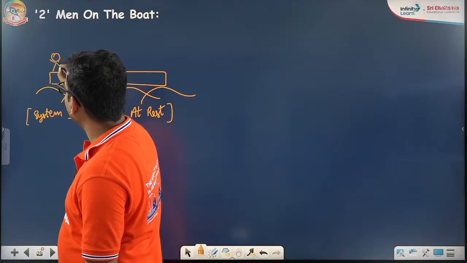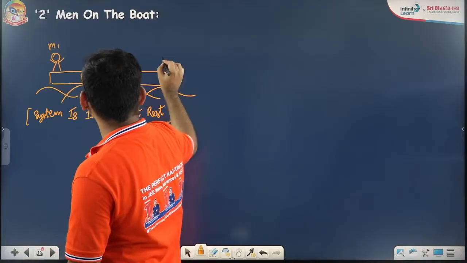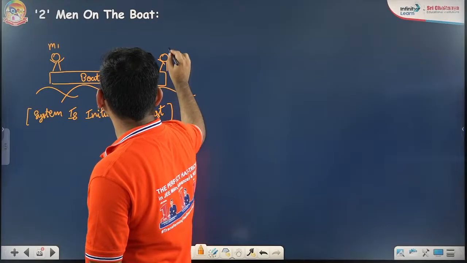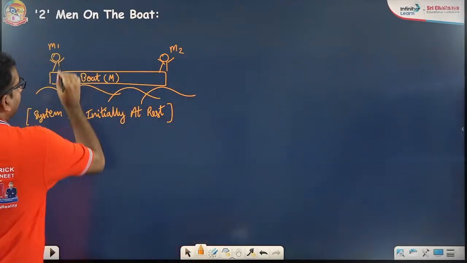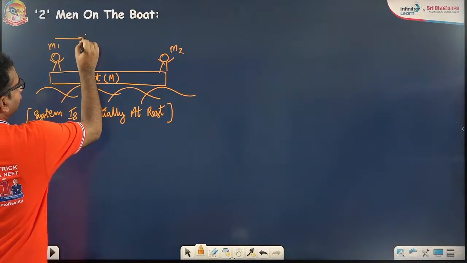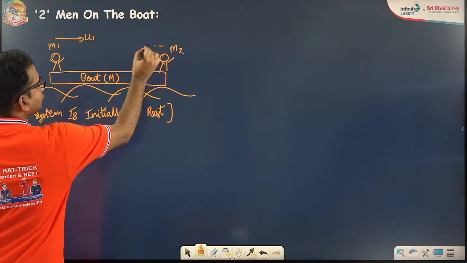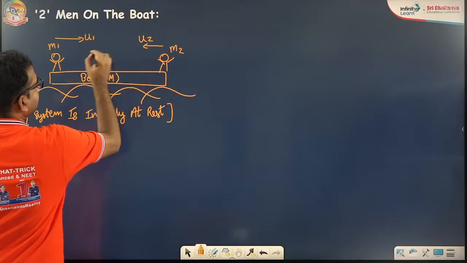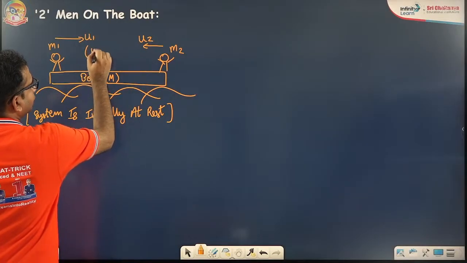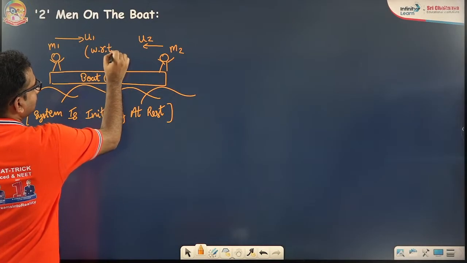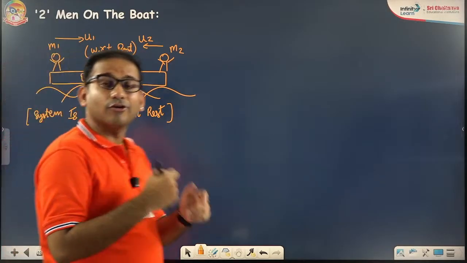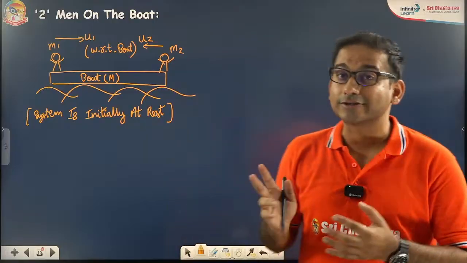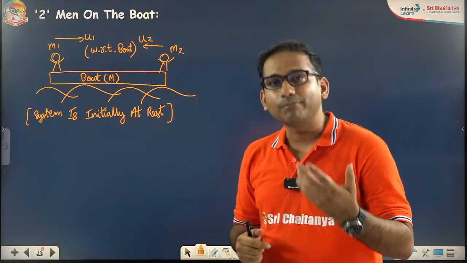There is a man of mass m1, and another man of mass m2. m1 starts moving with velocity u1 and m2 starts moving with velocity u2. These velocities u1 and u2 are with respect to the boat, because both men are running or walking over the boat.